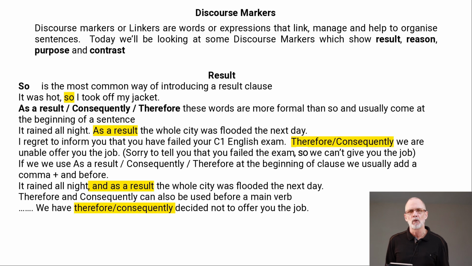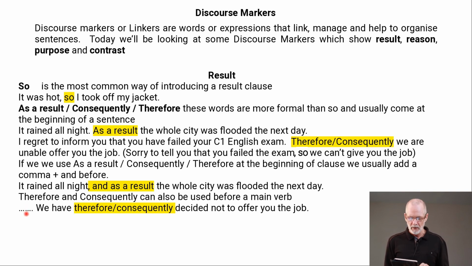In this example, I have joined the two sentences together to form one sentence, but I need to add the word and before the as a result. I could do the same thing with therefore and consequently. It rained all night and consequently the whole city was flooded the next day, or it rained all night and therefore the whole city was flooded the next day.